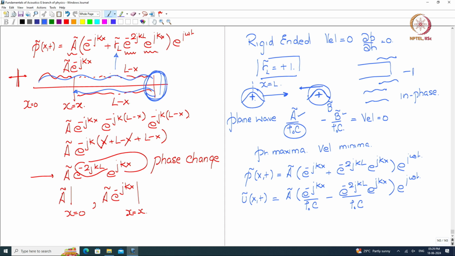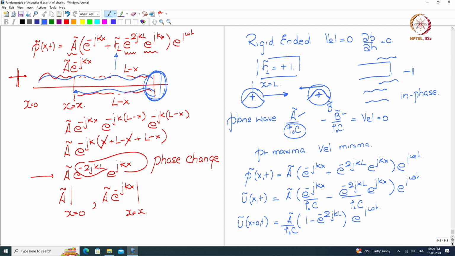So now we equate the u at x equal to 0 comma t, which is given by a tilde, by rho 0 c times 1 minus e to the power of minus 2jkl, e to the power of j omega t.